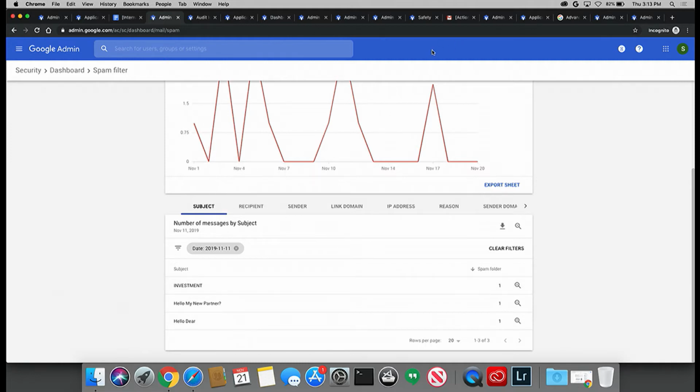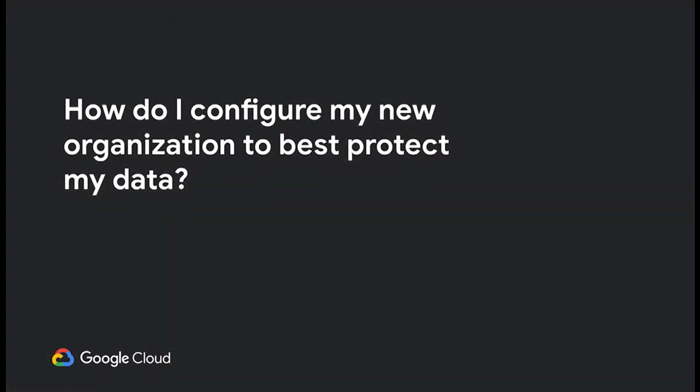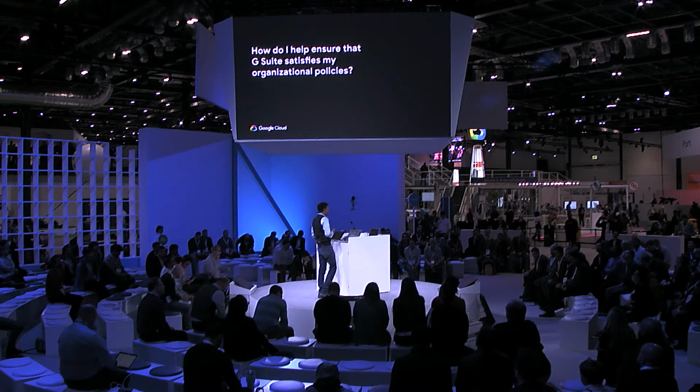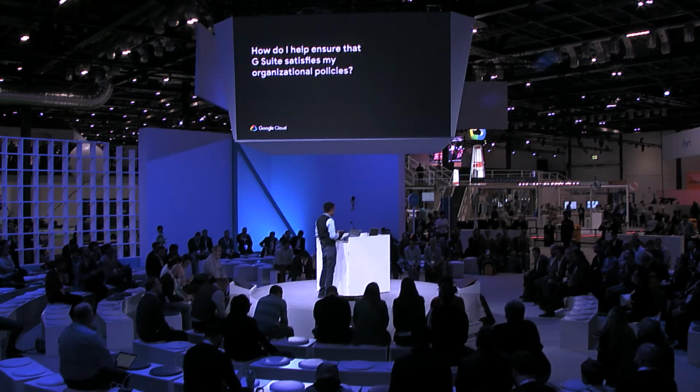Next up, let's go back to the slides, please. The next question we get from customers is: how do I help ensure that G Suite satisfies my organizational policies? To demo 1 again.